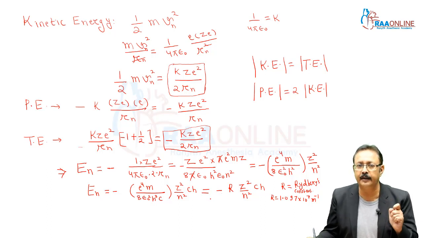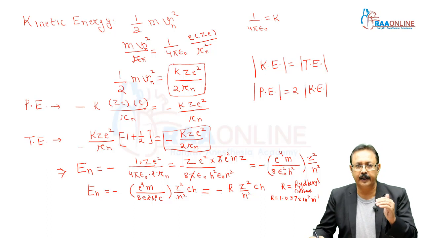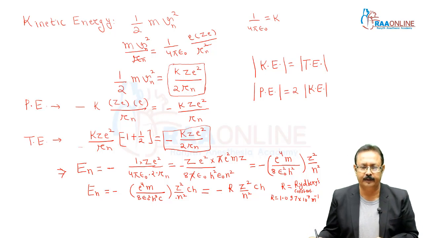That's why we say the third orbit is a higher energy level than the second orbit. Gaining energy means going to a higher energy level, jumping into an orbit which has a higher quantum number.